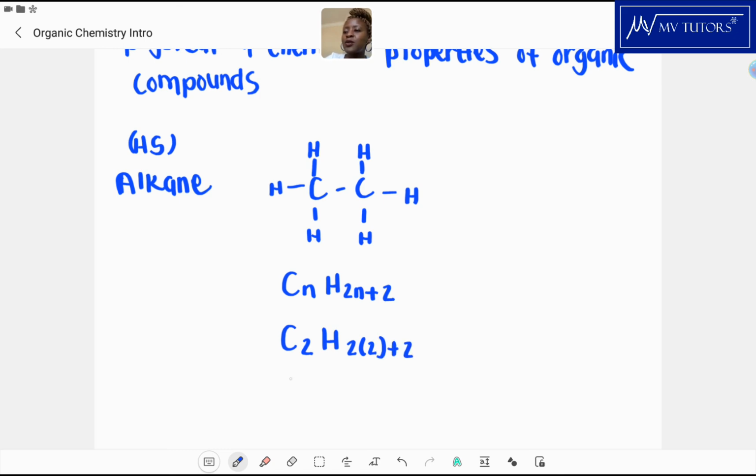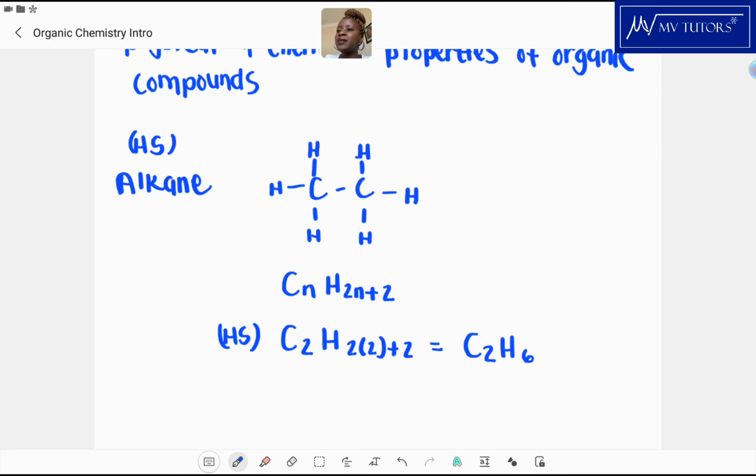So basically you'll have C2H6, because 2 times 2 is 4, plus 2 is 6. If you count, you have 1, 2, 3, 4, 5, 6 hydrogen atoms. So there we have our homologous series.